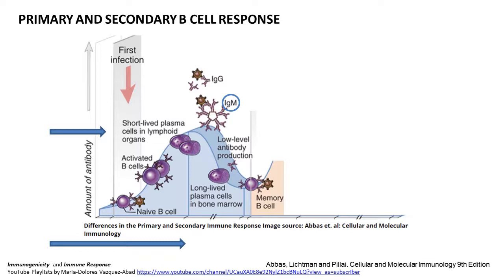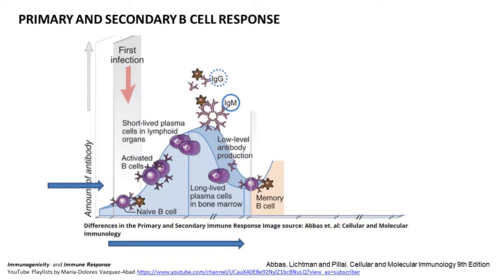The other thing that's critical to understand is that they're mainly IgM antibodies. There may be a small amount of IgG antibodies in what we know as primary B cell response. What happens later is that the long-lived plasma cells in the bone marrow will actually make the titers go down, not to the level before the exposure with antigen, but to a much lower level, let's say about threefold lower than what the maximal response was.